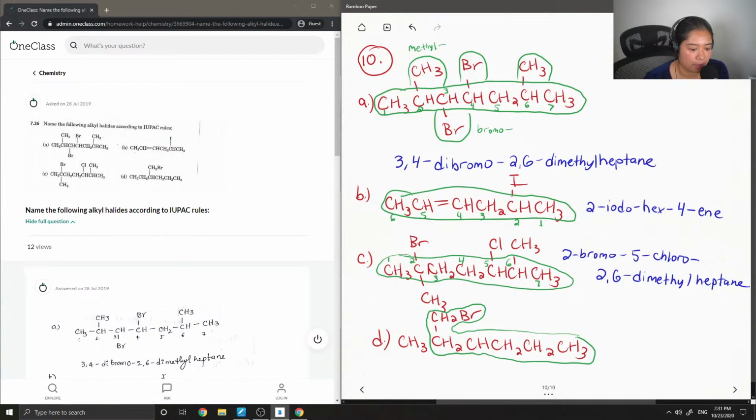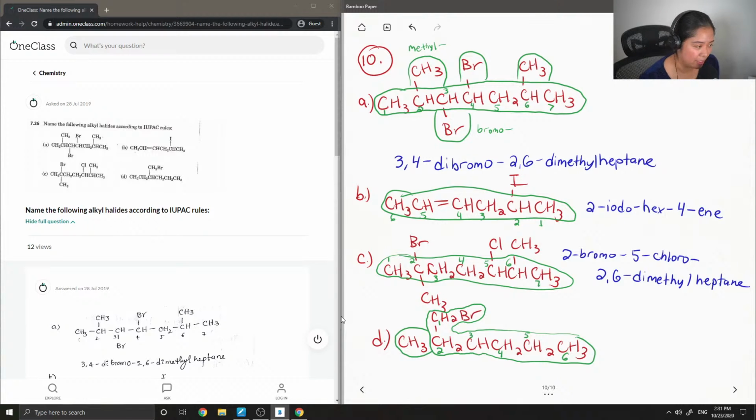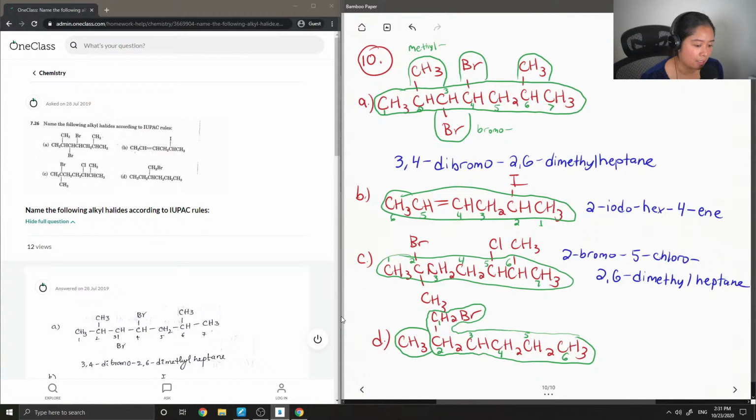And now to number it, the one with the bromine, I'm going to label as carbon 1, 2, 3, 4, 5, 6. So try not to get confused when you write out your parent chain, because they try to trick you in writing it horizontal like that, but basically this would be our parent chain.